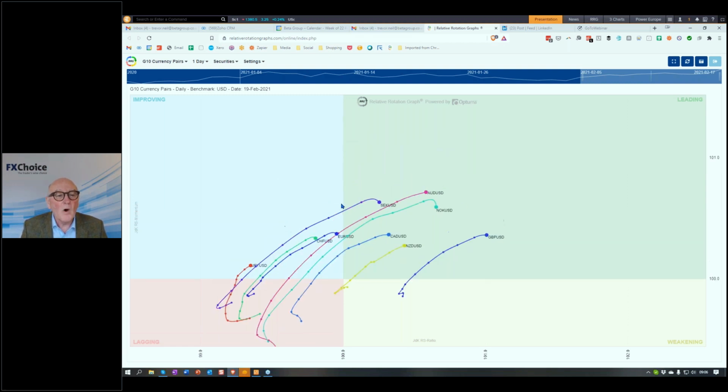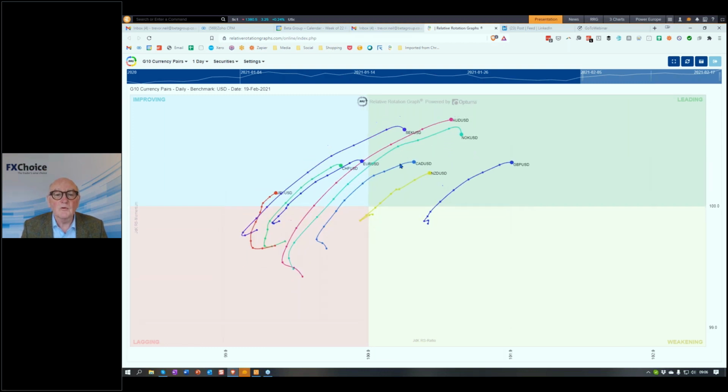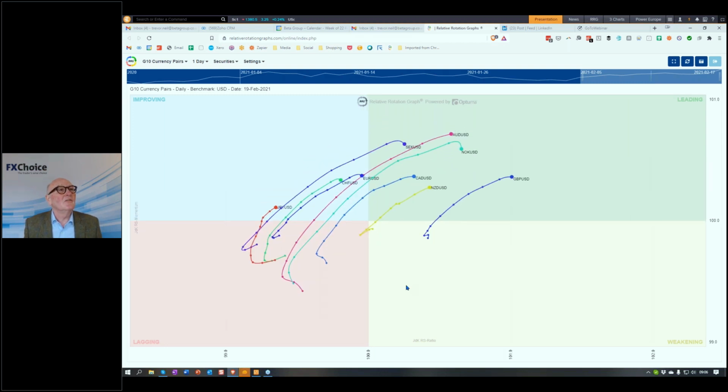Higher up the y-axis means positive momentum. So this is outperforming and with positive momentum of relative performance. The pound, for example, is the furthest to the right, but it's not the highest.